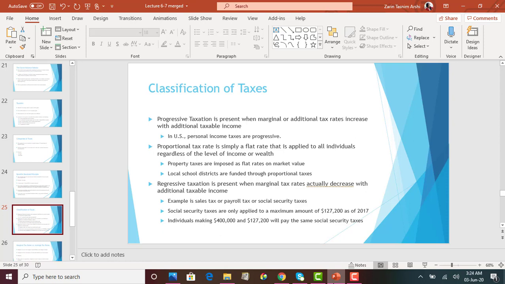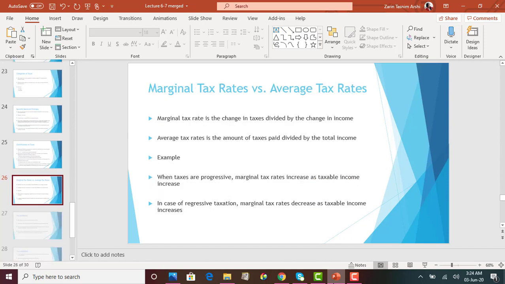So if you're earning $200,000, you're still going to pay the same social security taxes as if you were earning $127,200. So as your income goes up, your taxes are actually going down in this type of situation. And examples again would be sales tax, payroll tax, or social security taxes.